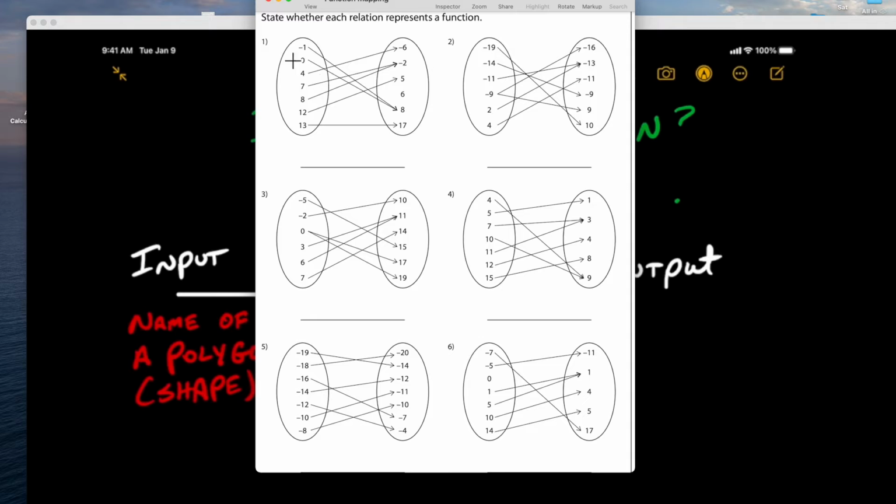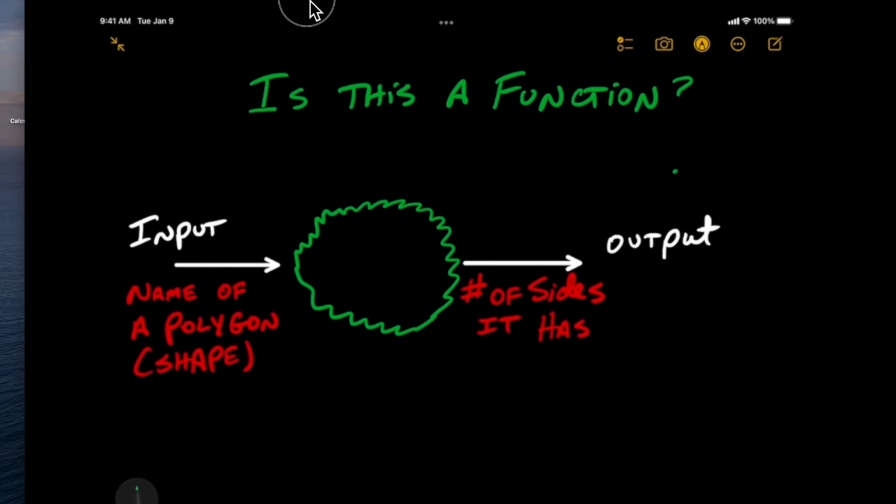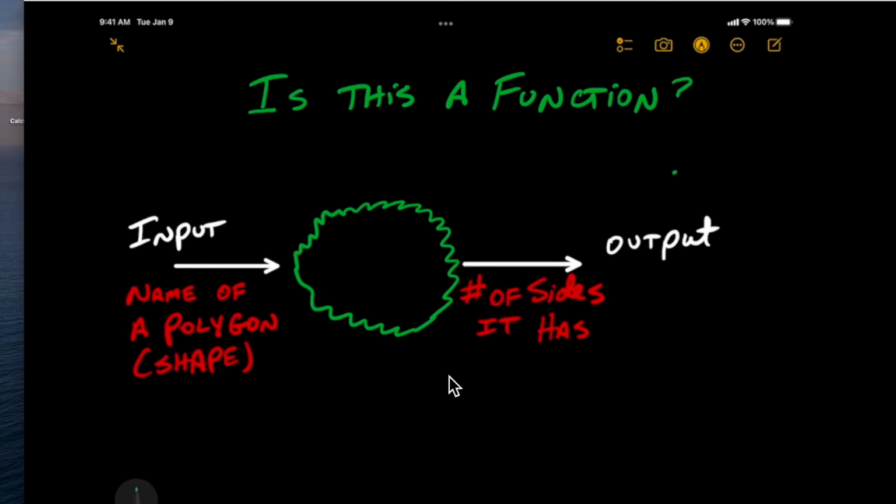But before we do that, I want to talk a little bit about the intuition of a function. By the time I review the intuition of a function and I review this set of mapping diagrams, you will be able to handle anything that is presented to you on a quiz or in your homework. Folks, let's talk about what a function is.